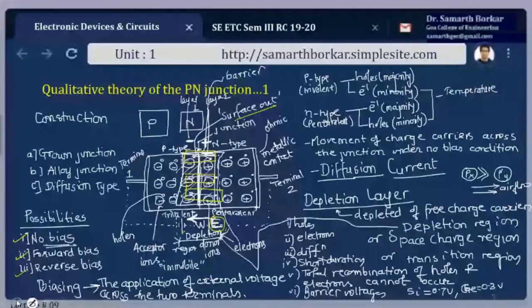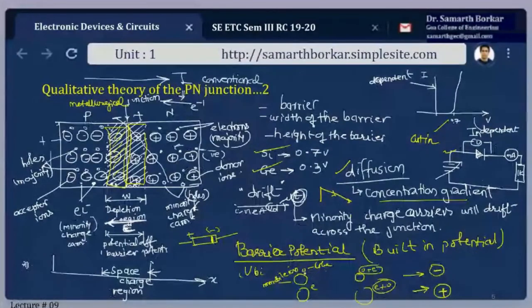Now, the hole is positively charged, and this immobile ion is losing one hole, so it will have a negative charge on it. On the other hand, the electron is negatively charged, and this donor ion is losing an electron, so it will have a positive charge. Clear? So here it is losing one electron, and here it is gaining one electron.